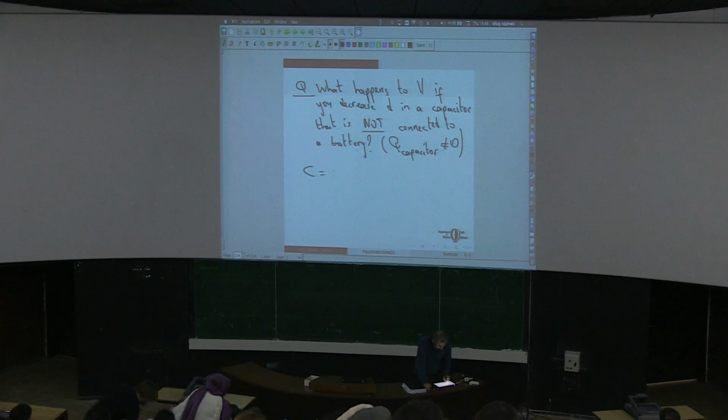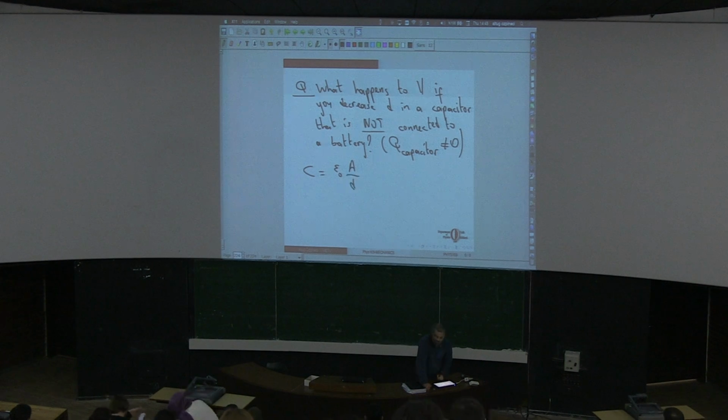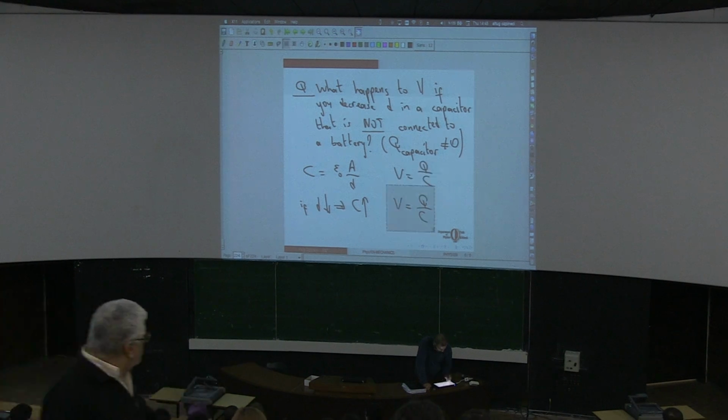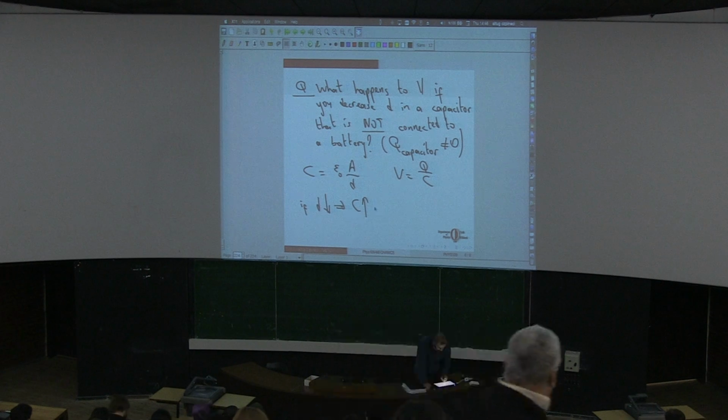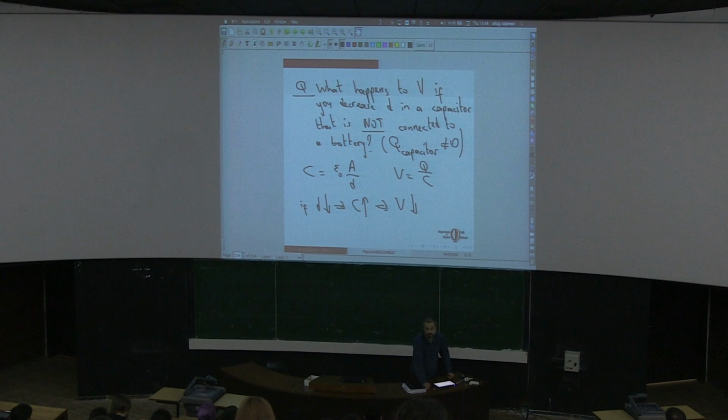The capacitance was epsilon 0 A over D. So if D is decreasing, C is increasing, and remember V is equal to Q over C. So if C is increasing, V is decreasing.